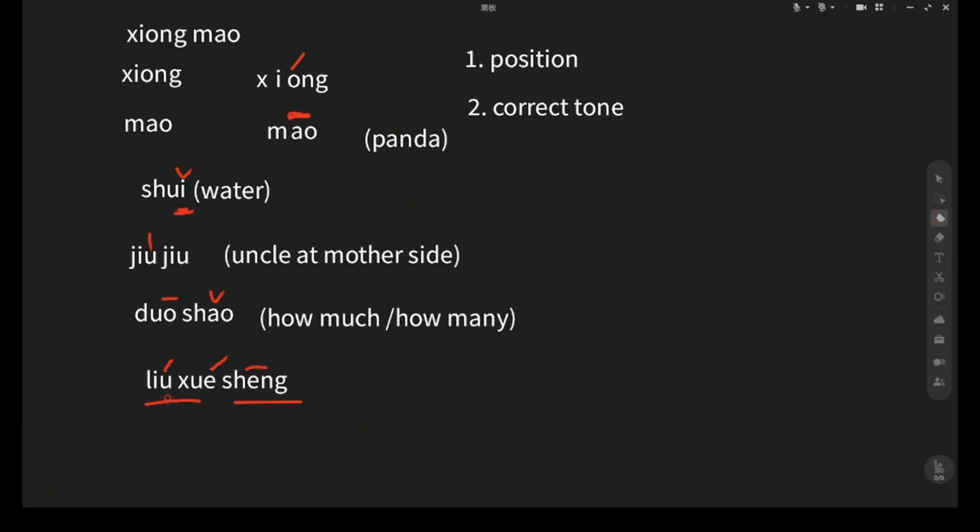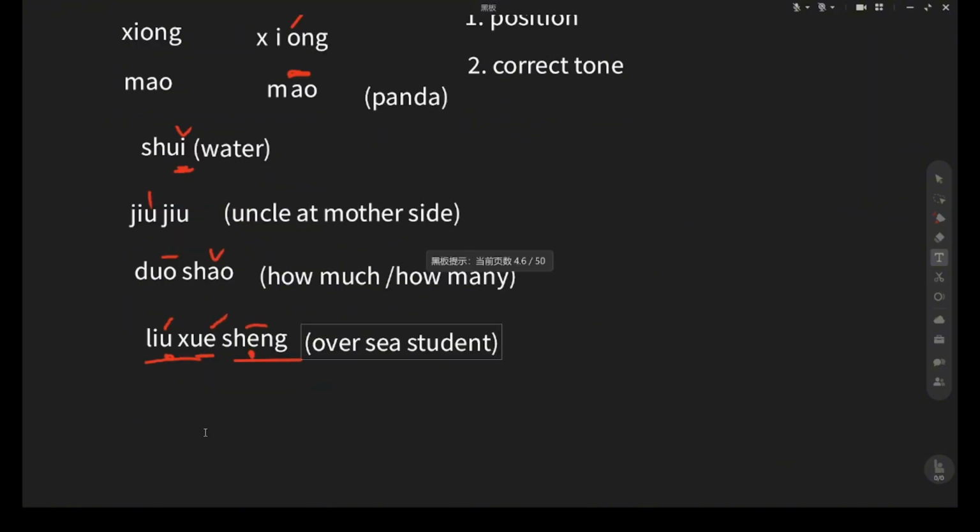This is on the last one, right? E and U together, right? And this is in front of U, right? So this is only one vowel, right? So 留学生 means overseas student, okay? Overseas student, okay? 留学生, okay?